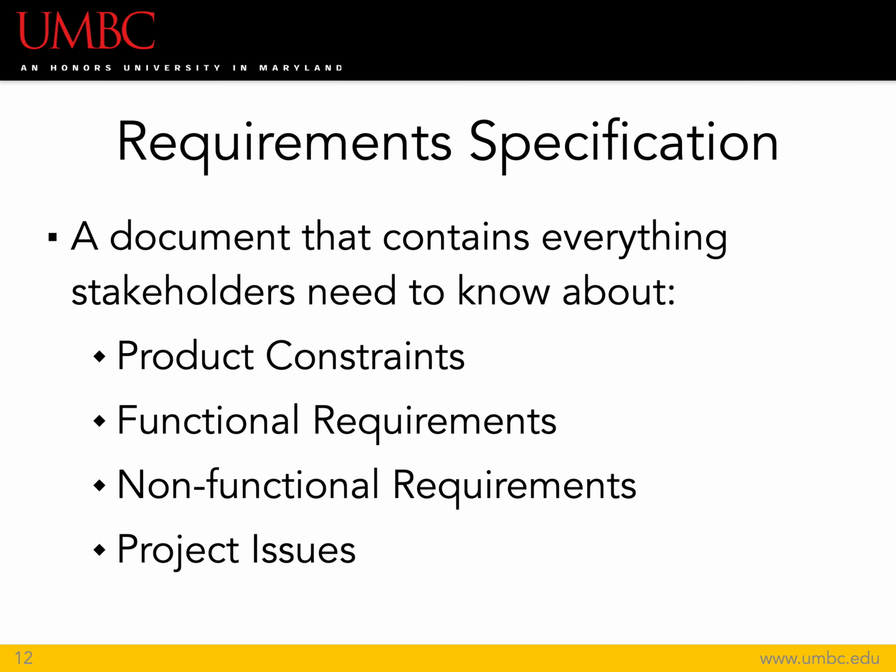When you move into that third phase, requirement specification, you really try to produce a document that contains everything any of the stakeholders are going to need to know about the constraints and requirements and issues that you may run into in the system. Finding a security problem is really all about identifying all these assumptions and then finding a way to turn them on their head for the benefit of the attacker.